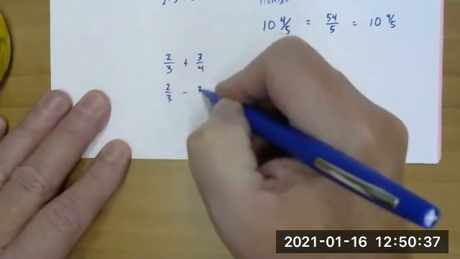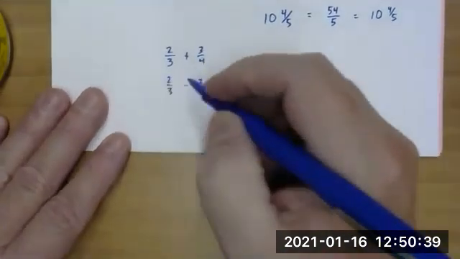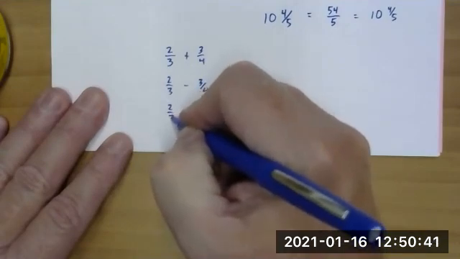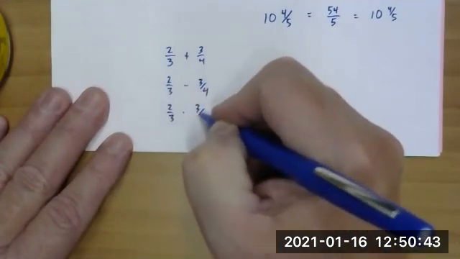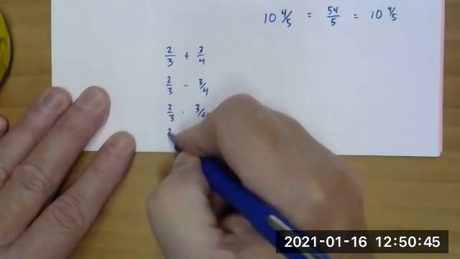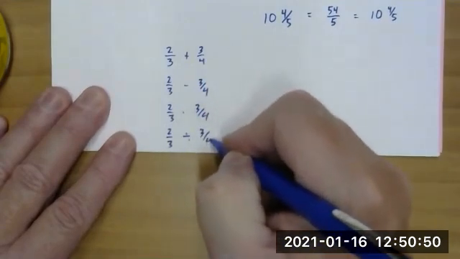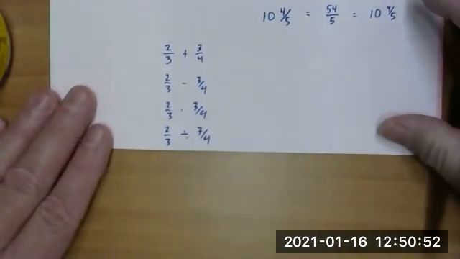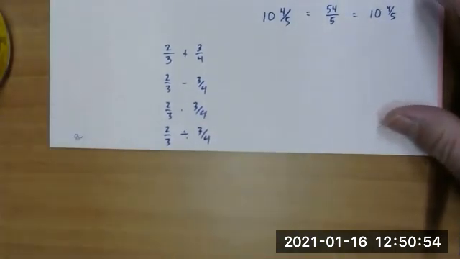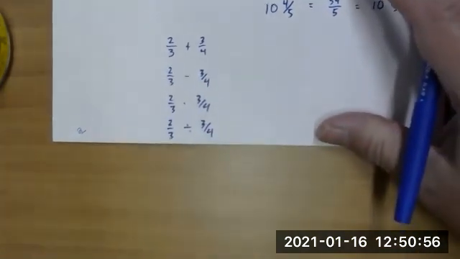How about if we subtract them? How about if we multiply them? How about if we divide them? Right? So the 4 sort of major math operations when we're using fractions.